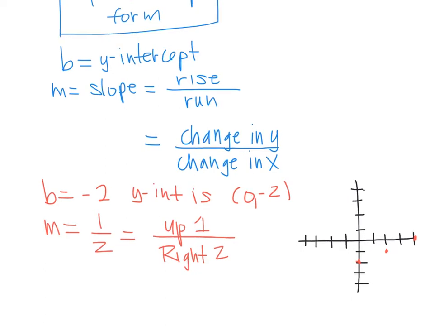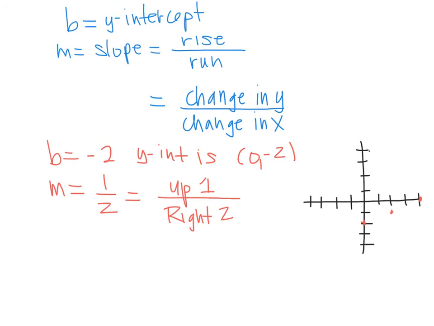Now, we can also write that slope as -1 over -2. -1 over -2 is just positive 1/2, but by putting those negatives, it's going to give us different directions. It's going to tell us to go in the negative direction, or down 1, and then horizontally in the negative direction, which is left 2.